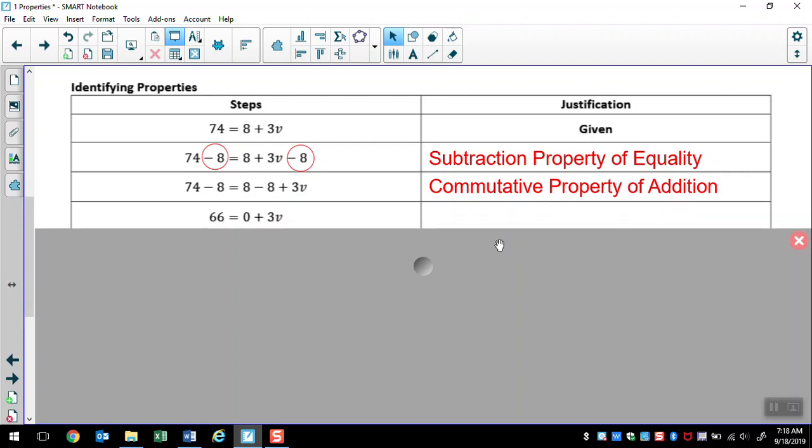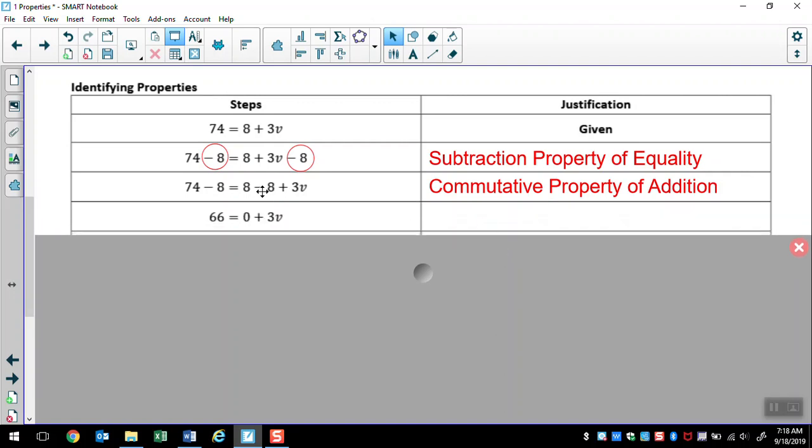All right, now what are we doing next? The next thing they did was they simplified. They did 74 minus 8 gave us 66, and then they said 8 minus 8 equals 0. So they substituted an answer in for a math problem.